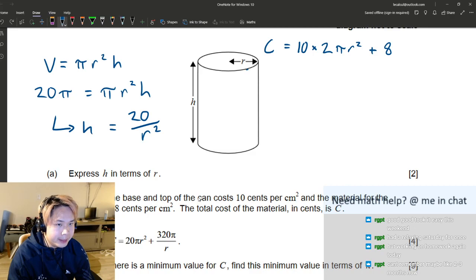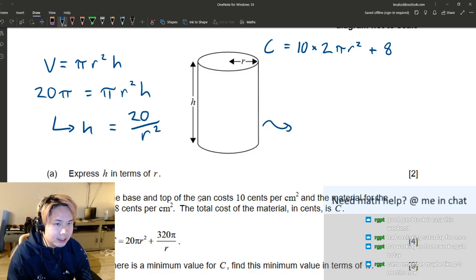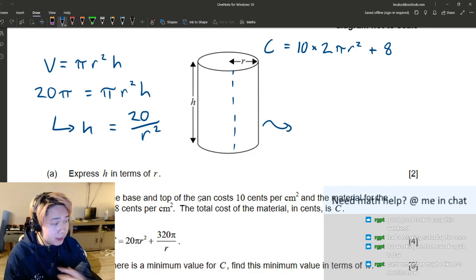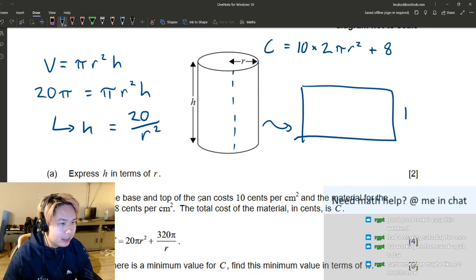So the curved part is essentially a rectangle. If we were to imagine you just cut this down like a toilet roll, like the cardboard thing that your toilet paper is wrapped around, you cut it through the middle, and then if you unwrap it, it makes a rectangle with a height of h, the same height as the cylinder, which is 20 over r squared.